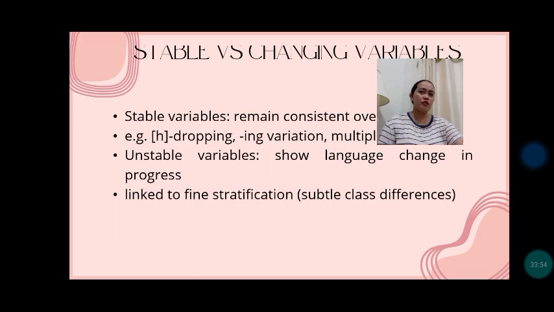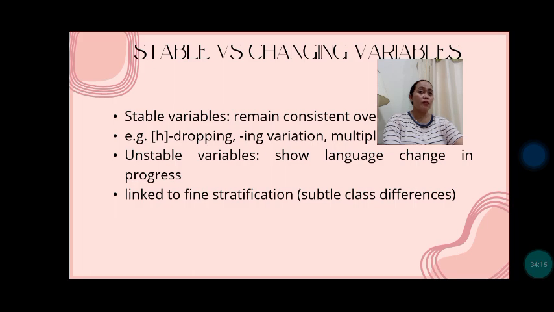For example, H dropping in words like house or hat is more frequent in working class speech. These phonological differences are not linguistically inferior, but are socially evaluated, creating patterns of linguistic prestige and stigma.